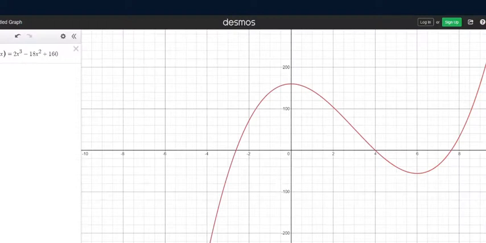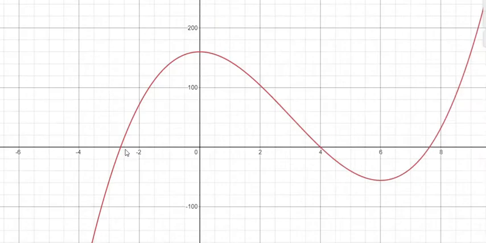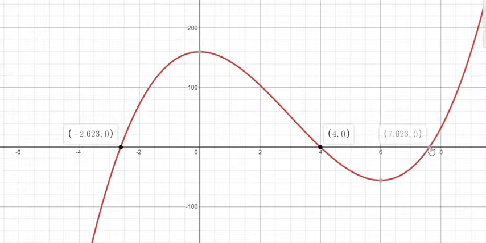All right, you can see that there are actually 3 x-intercepts. So let's go ahead and identify those first of all. According to Desmos, and I'm jotting these down on my paper right now, I get x equals about negative 2.62, or x equals 4, or x equals 7.62.